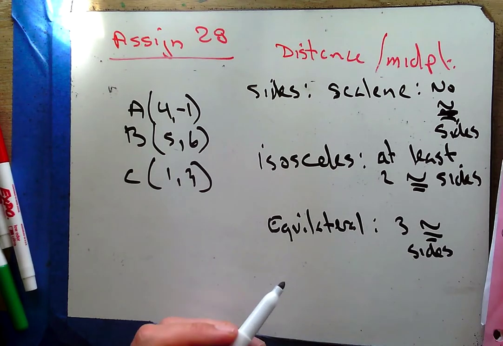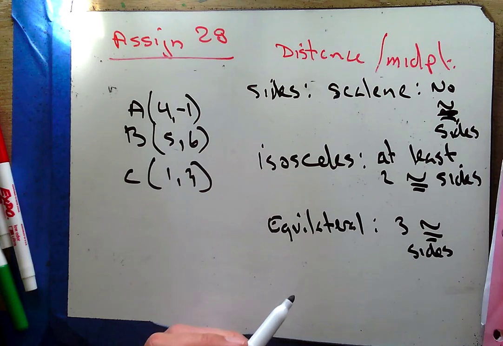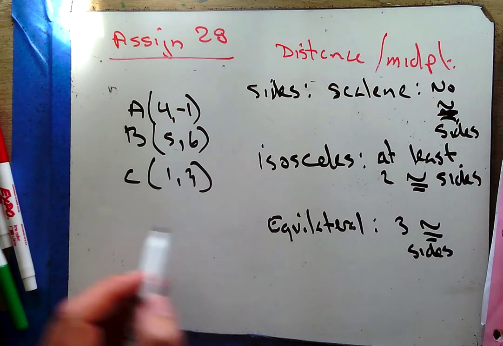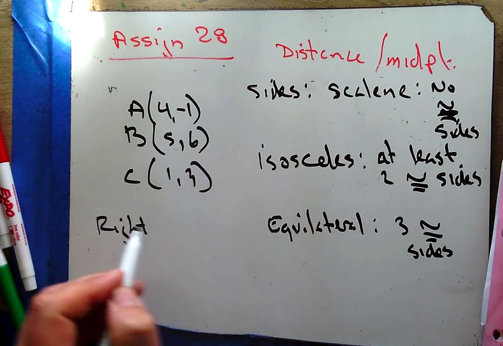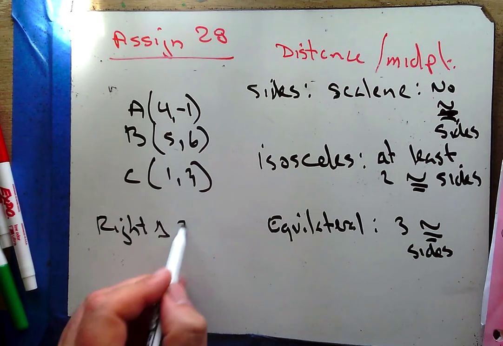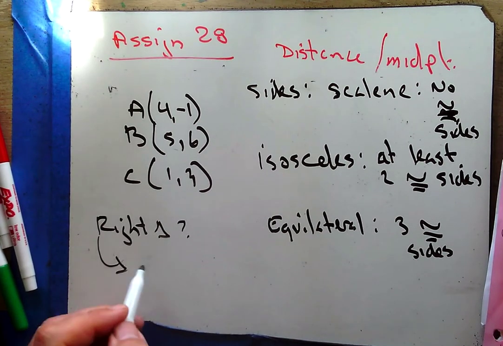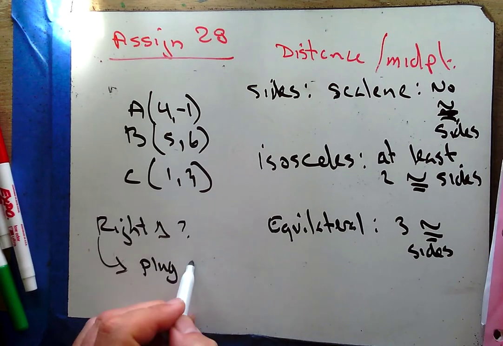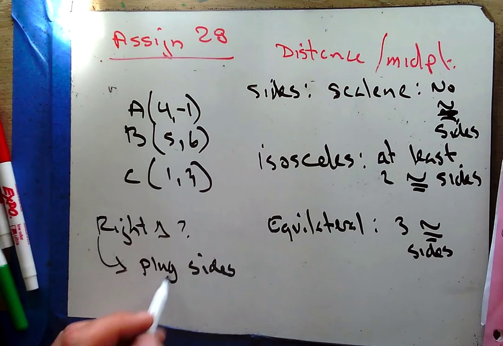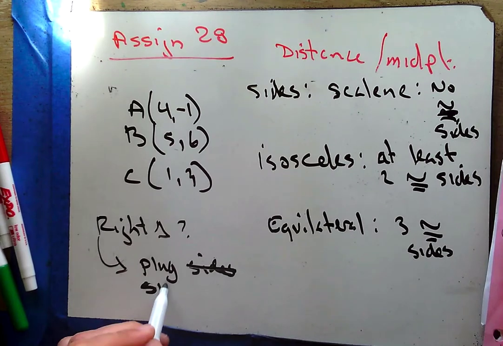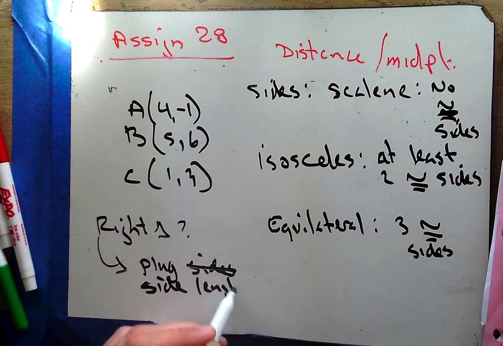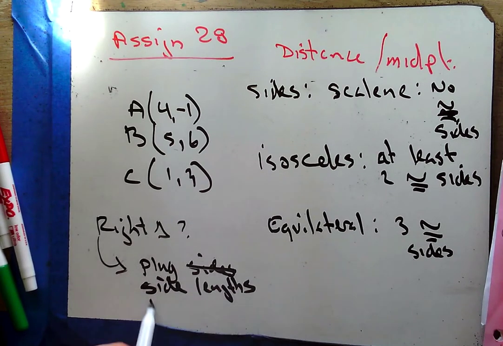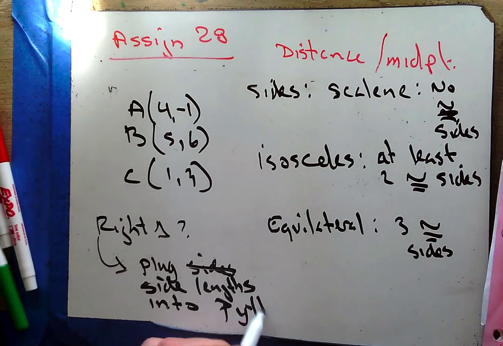And while it's hard for me to classify a triangle by its angles at this point, that'll be next semester, we could do that. I can know if a triangle is a right triangle or not. The way I know that is I plug the side lengths into the Pythagorean theorem.